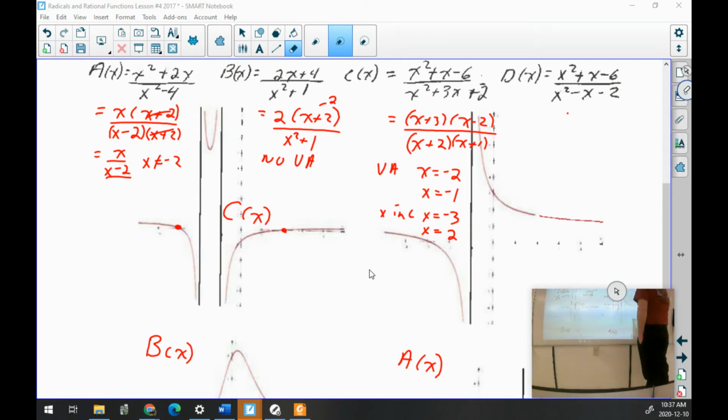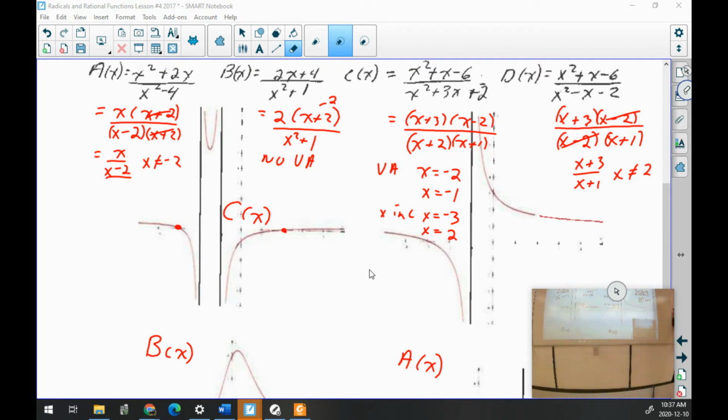We factor this out to (x plus 3)(x minus 2), and on the bottom we have (x minus 2)(x plus 1). So what we have here is a vertical asymptote at x is equal to -1. We have a point of discontinuity at x is equal to 2.